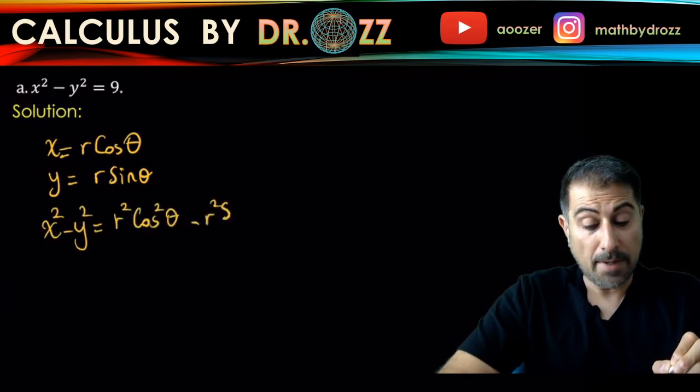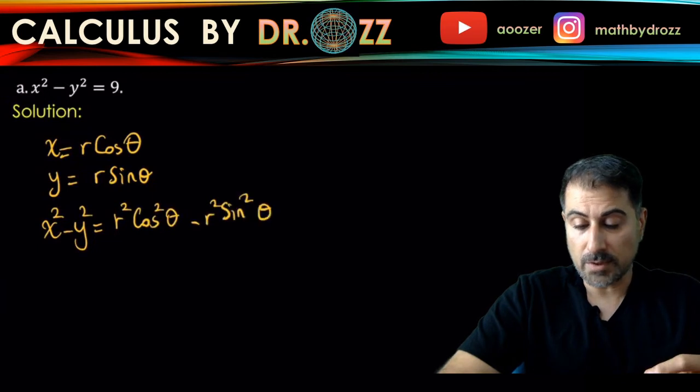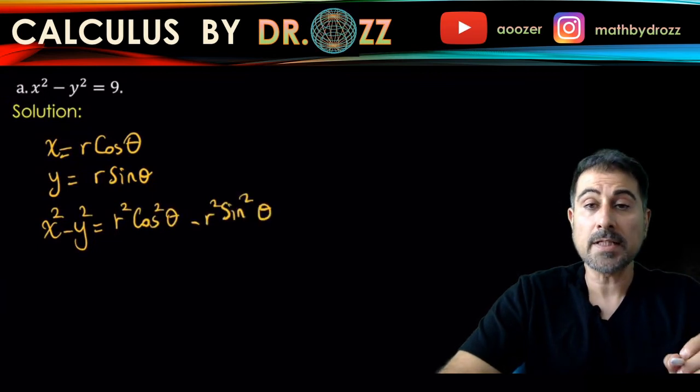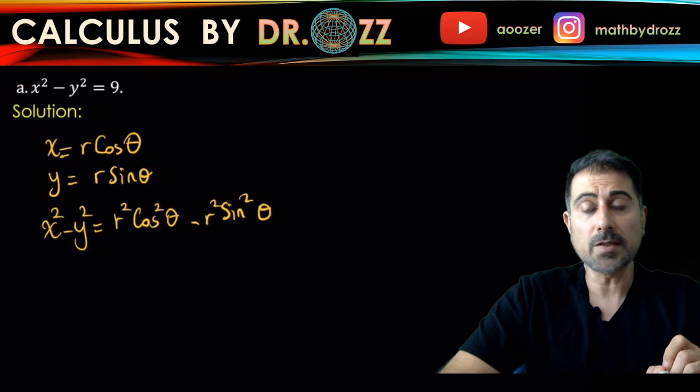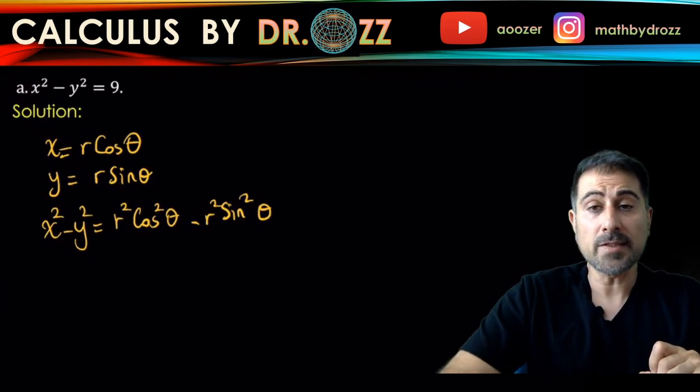By the way, since we're doing polar coordinates here, please have your unit circle with you, because we may rely on unit circle values as well as the trig formula card. Please keep those with you because we may heavily rely on these formulas.